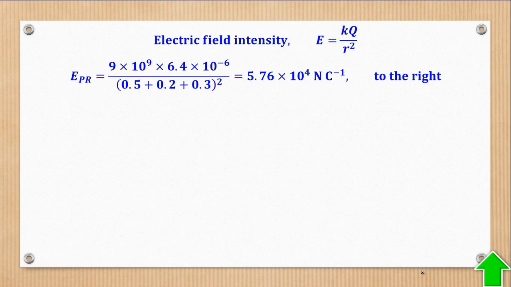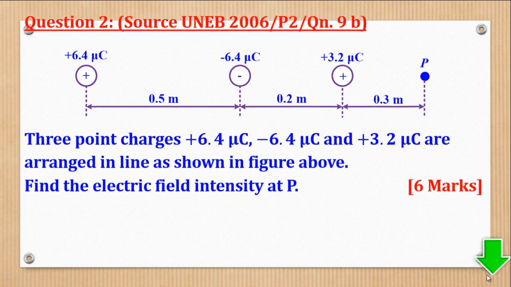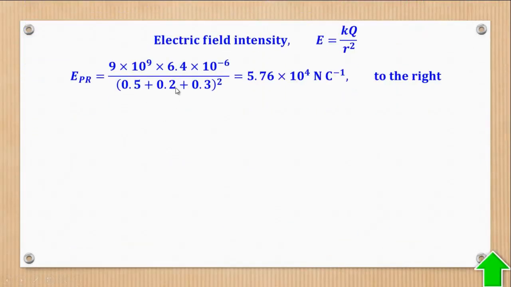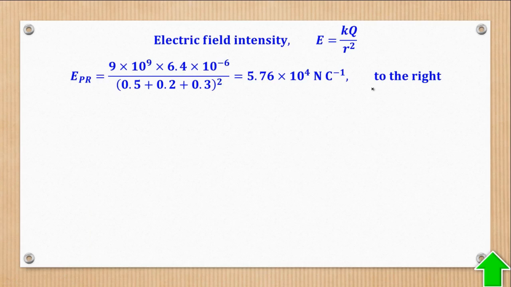So the separation from here to here will be this plus this plus this, which will be 1 meter. That is why you are seeing me here adding this plus this plus this to come up with this. Like I said, it is advisable to write your answer in scientific notation. So it will be to the right because of repulsion.